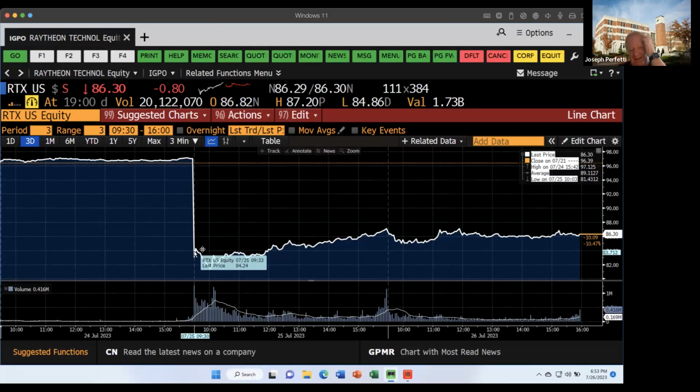So then they said, how much is this going to cost? And the CEO of Raytheon said, in 2023, our free cash flow will be $500 million lower than we thought it was going to be, to account for this recall. That is our current estimate. And when those words were uttered, the share price plummeted by $10.